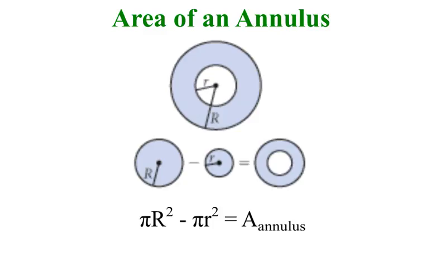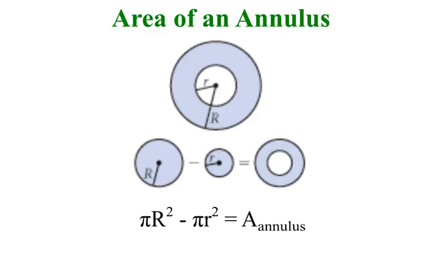And the area of an annulus. So in this case, we're going to take the area of the big circle. We're going to subtract out the area of the little circle, and that will leave us with the area of the annulus.